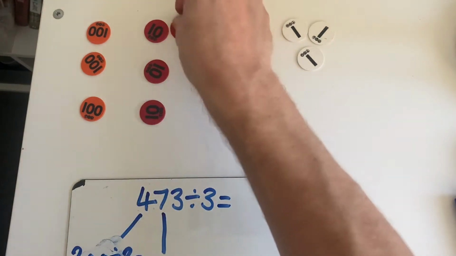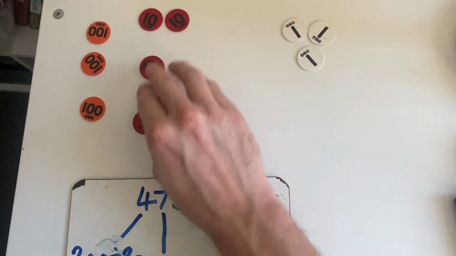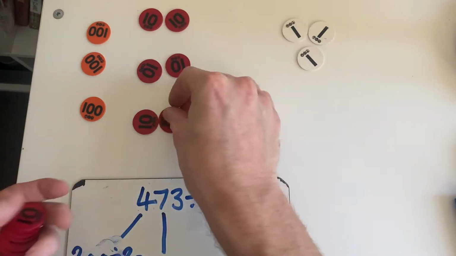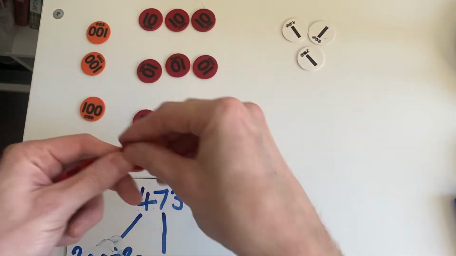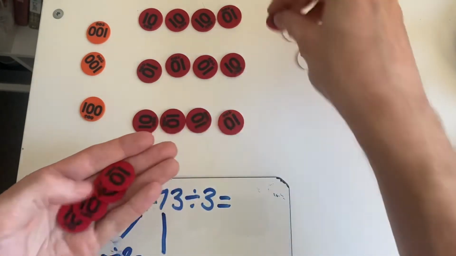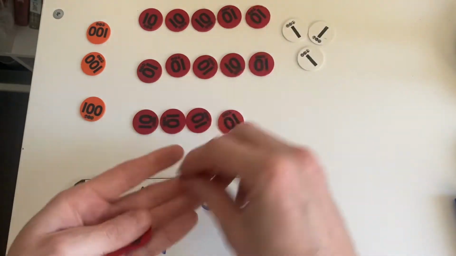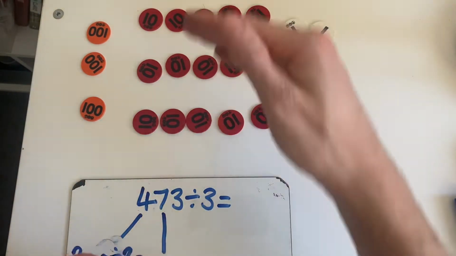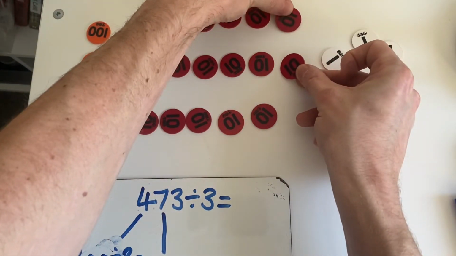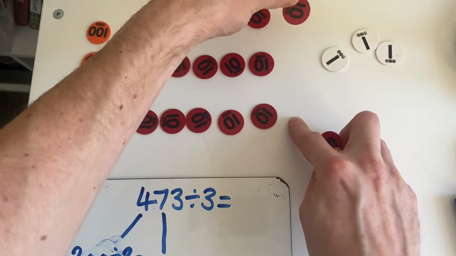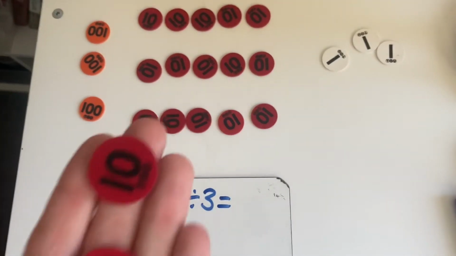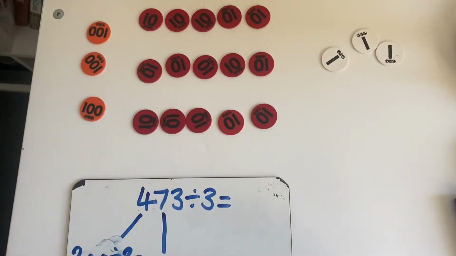So we just add on until we run out of all our counters, or until we have only got enough equal groups. Now, there are 3 groups. We've got 2 left. We cannot put these 2 here because this will be not the same as the other 2 groups. So we need to exchange this for 20 ones.